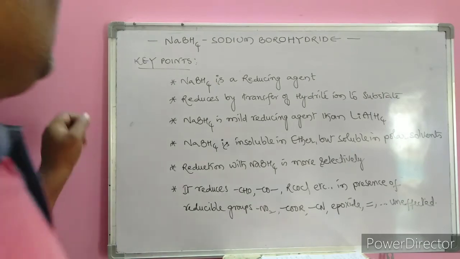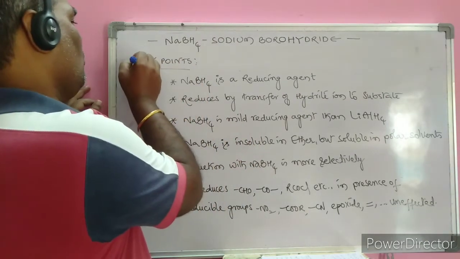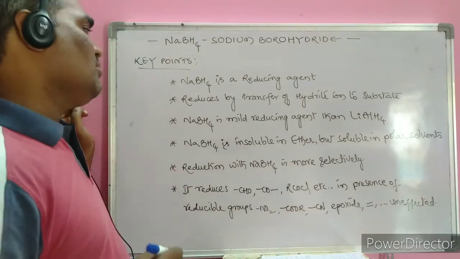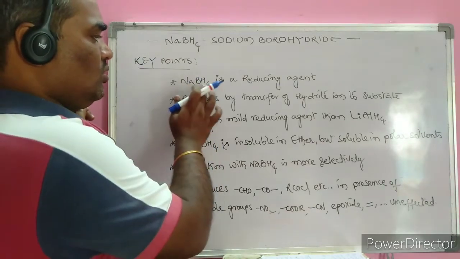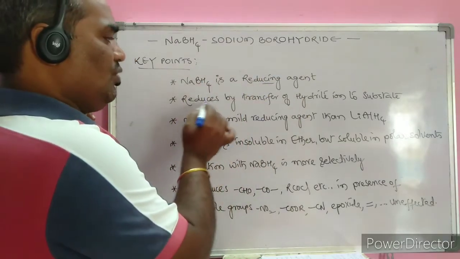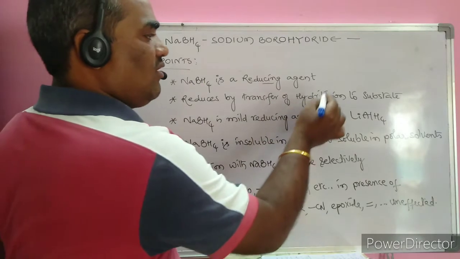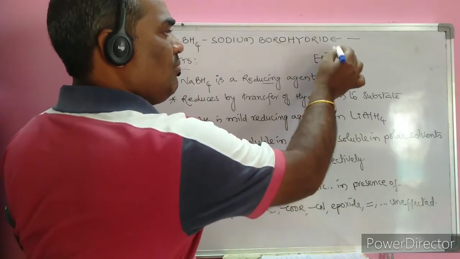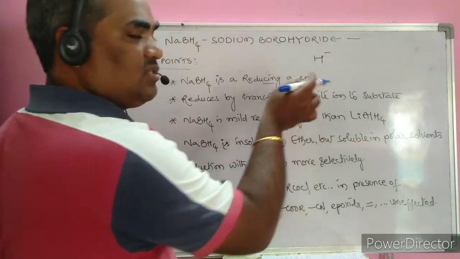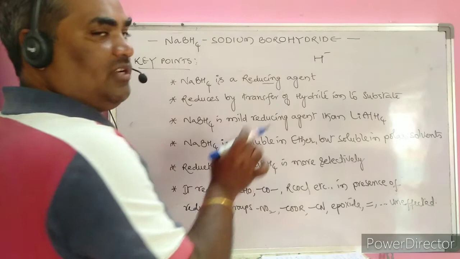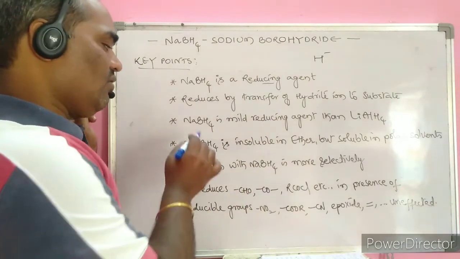Now the key points regarding sodium borohydride and how it is distinguished from lithium aluminum hydride. Sodium borohydride is a reducing agent, we know well, that reduces by the transfer of hydride ion. Hydride means H minus ion, hydrogen along with the electron, that is migrated to the substrate molecule, the reactant molecule.